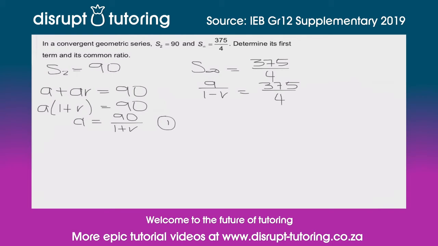Right, what I'm going to do now is cross multiply to get rid of my fractions or my denominators. So that means I'll need to multiply that side by the 375, and I'll need to multiply that side by the 4.